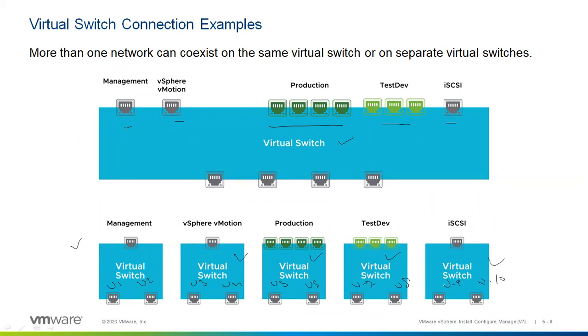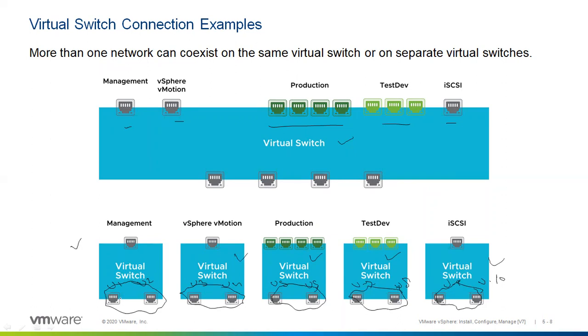So what I mean to say is that these are separate physical ports associated with separate virtual switches. All right, so we cannot reuse any uplink port that is already associated with one virtual switch for another virtual switch. Got it?